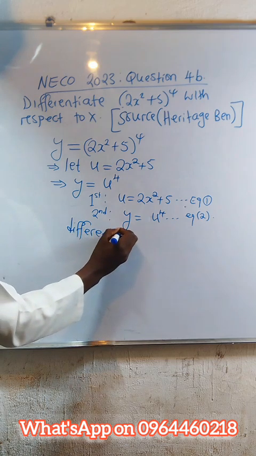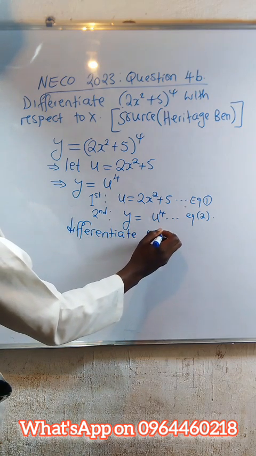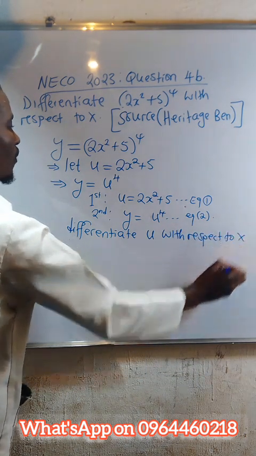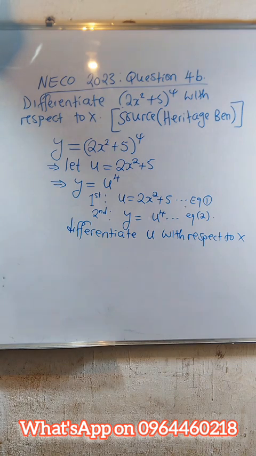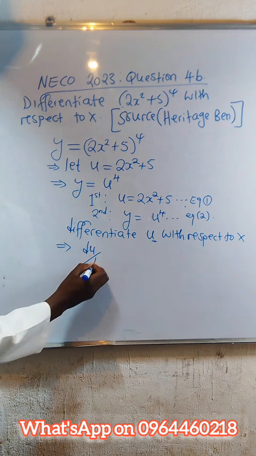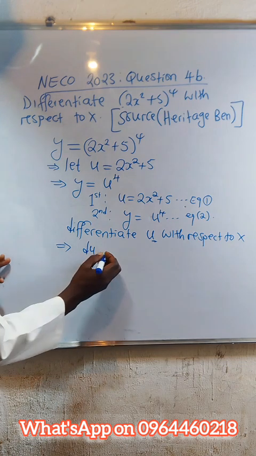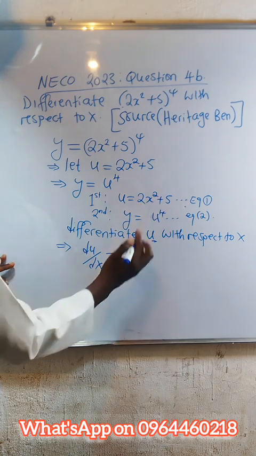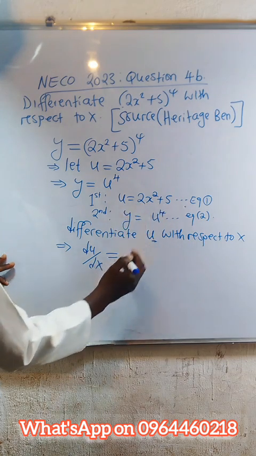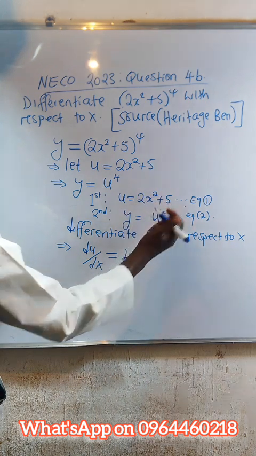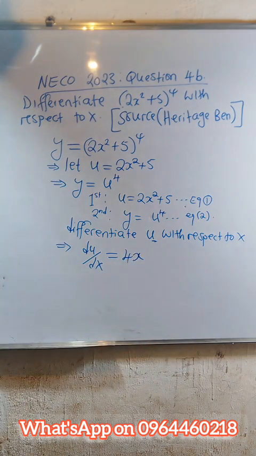We differentiate u with respect to x. So du/dx is 2 multiplied by 2, the power multiplied by the coefficient, which is 4, and then the power minus 1, so we have 4x.